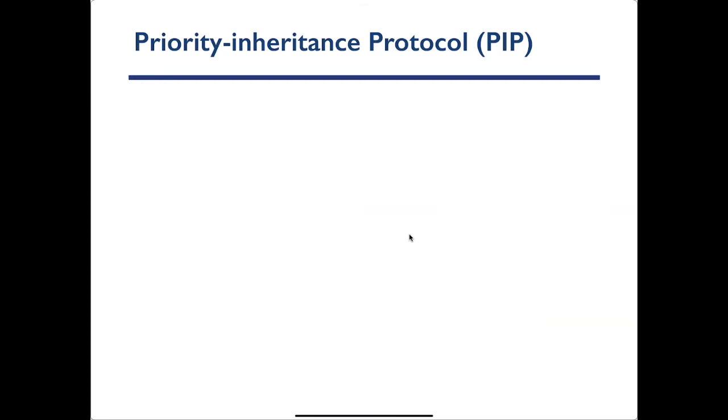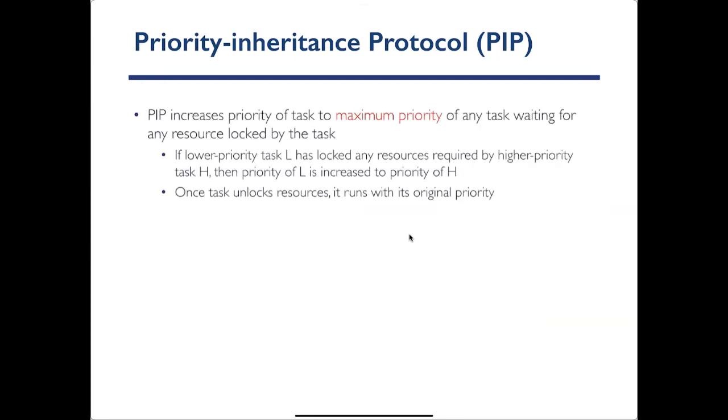Okay, now how can we get rid of priority inversion? The first solution to eliminate priority inversion is a protocol called the priority inheritance protocol. What this does is, every time a task blocks another task because it's holding a resource, it inherits the priority of the blocked task.